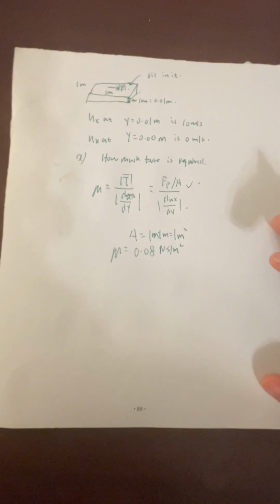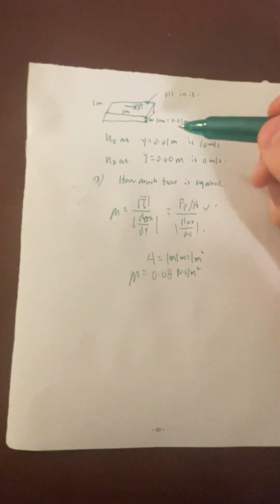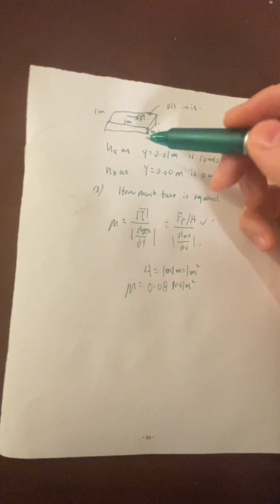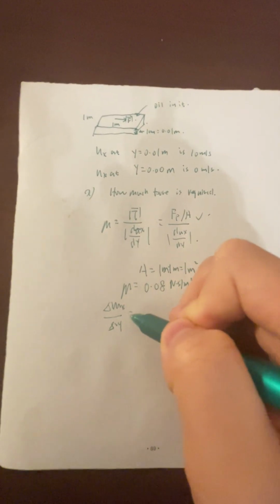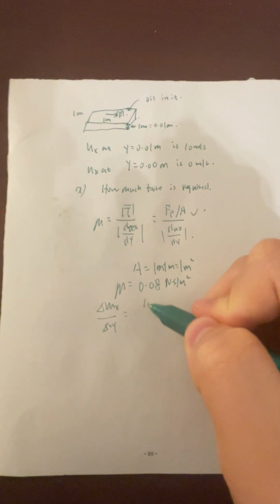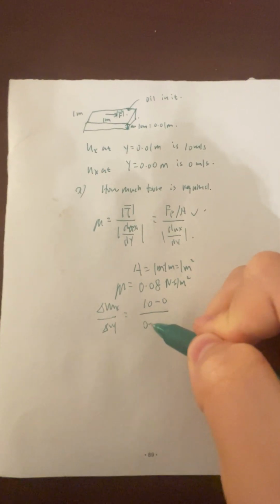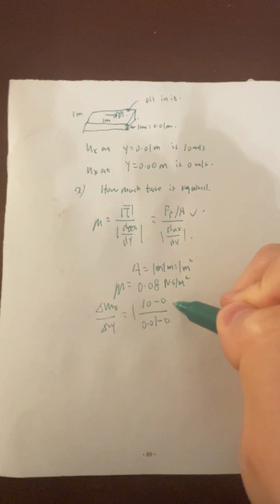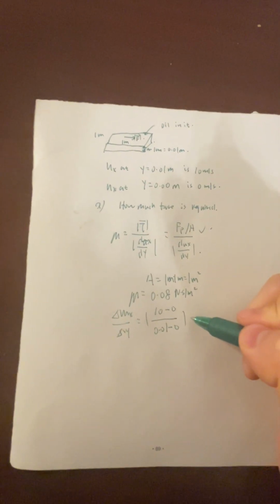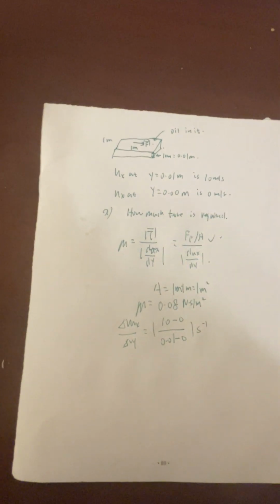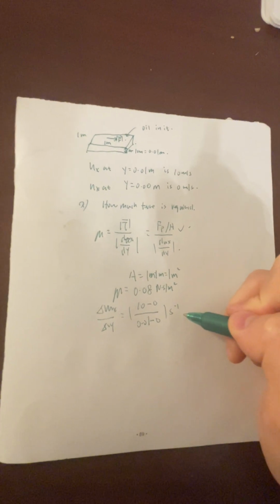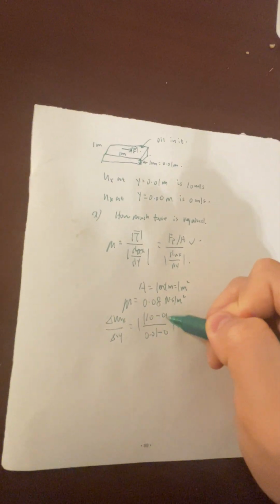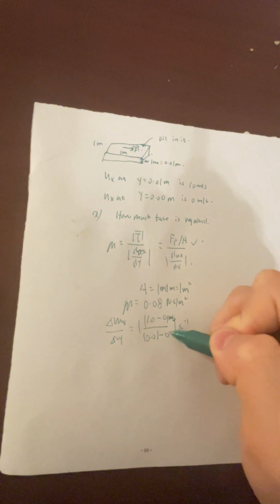So we can also use the relationship between ux and y to know the delta ux over delta y. It should be 10 minus 0 over 0.01 minus 0 from top to bottom. The unit is second to the power of negative 1, so this is the meter per second, this is the meter.